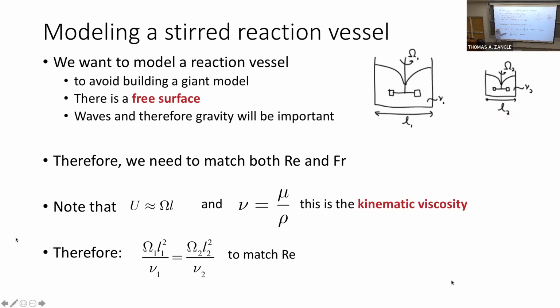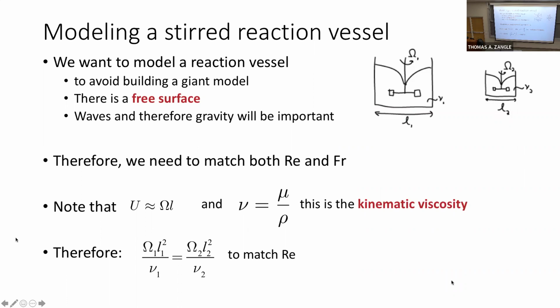And so to match Reynolds number, we end up with this condition. We write the Reynolds number as rho U L over mu, but the ratio of mu to rho is nu, so this is U L over nu.